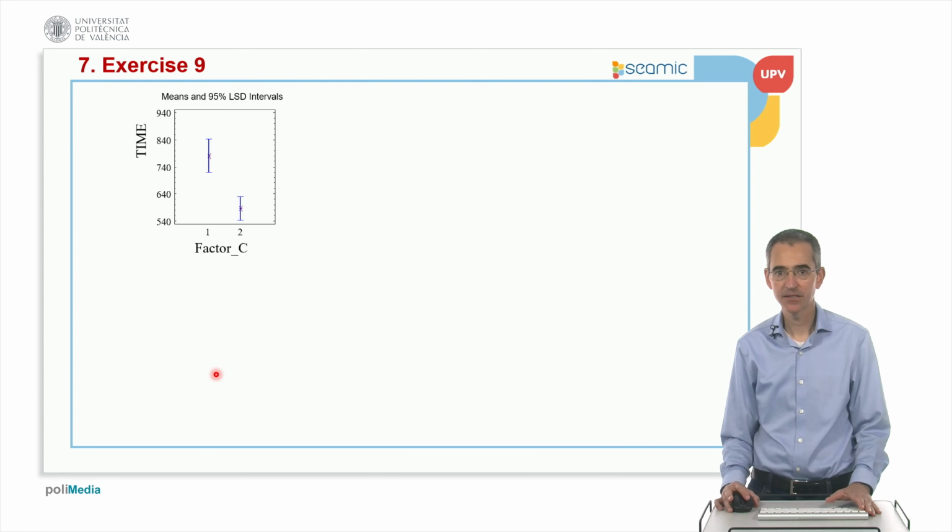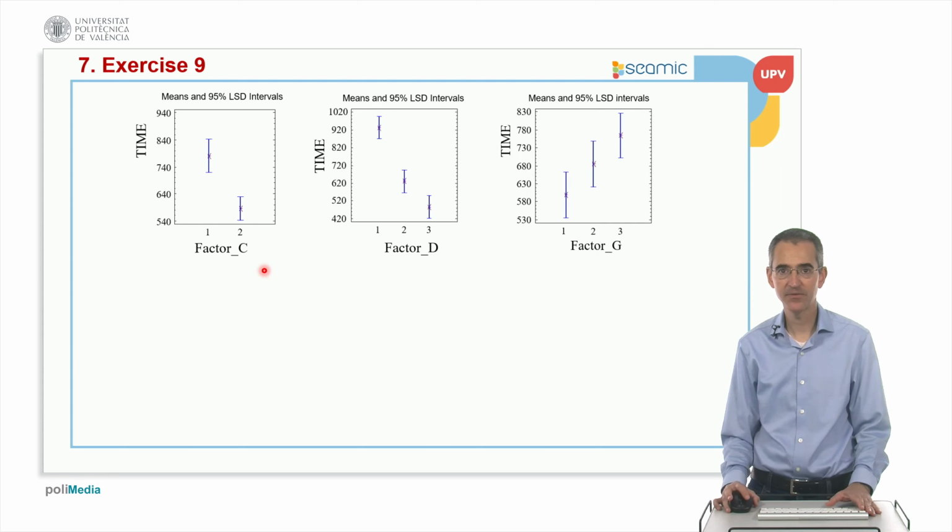Okay, and to get this optimum condition, we can take a look at the LSD intervals for these three factors which are relevant. In this case, as we want to minimize, we should choose factor C at the higher level.